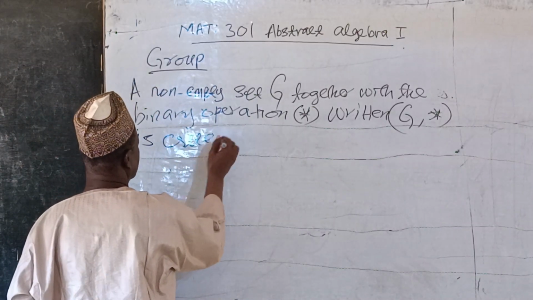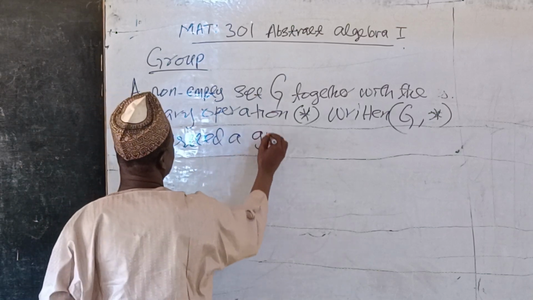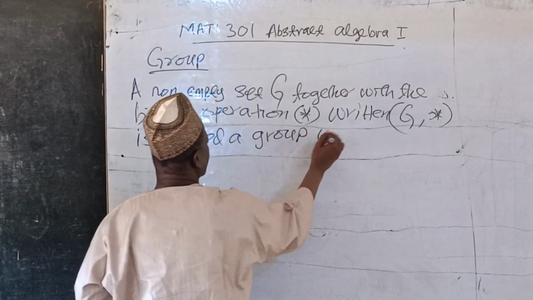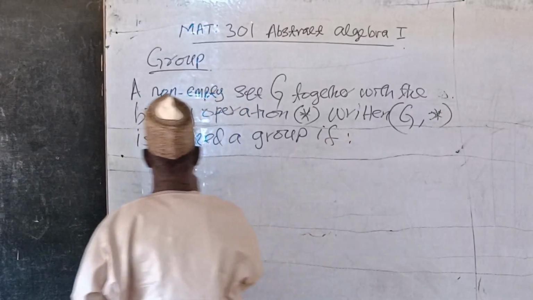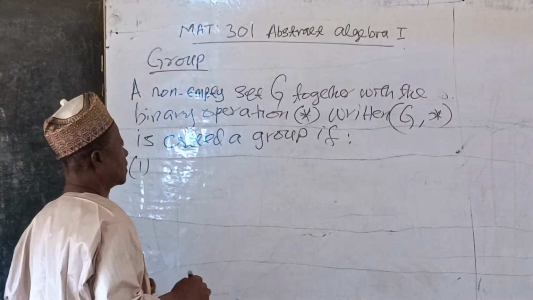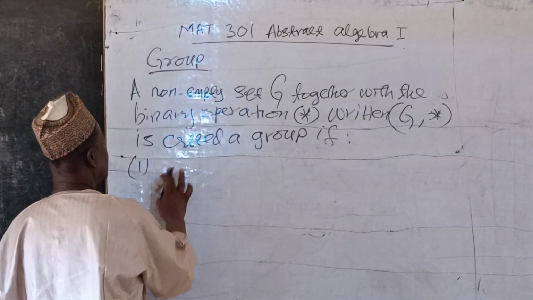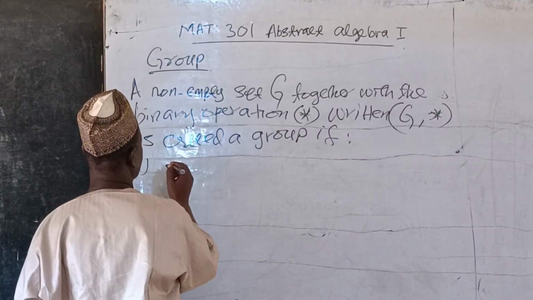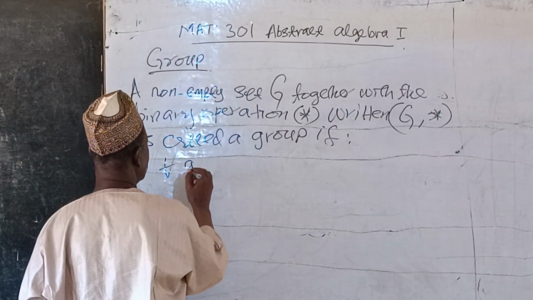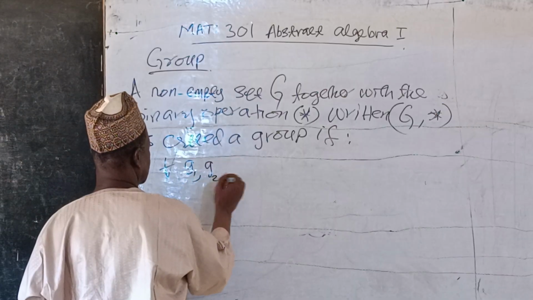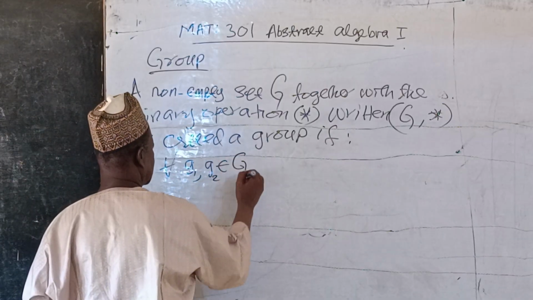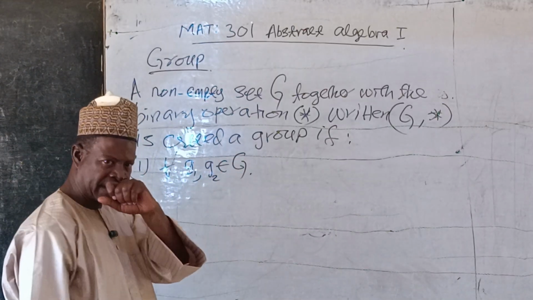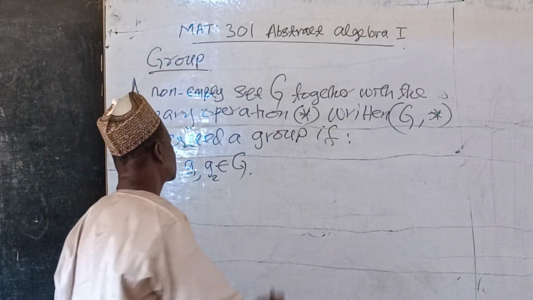It's called a group if, number one, for any G1, G2, you pick elements of G, because since it is not empty, it has elements.